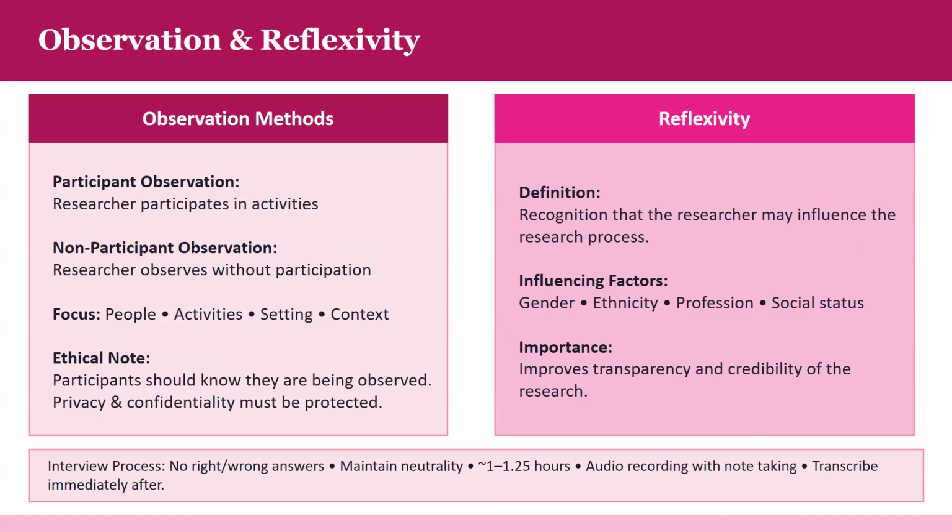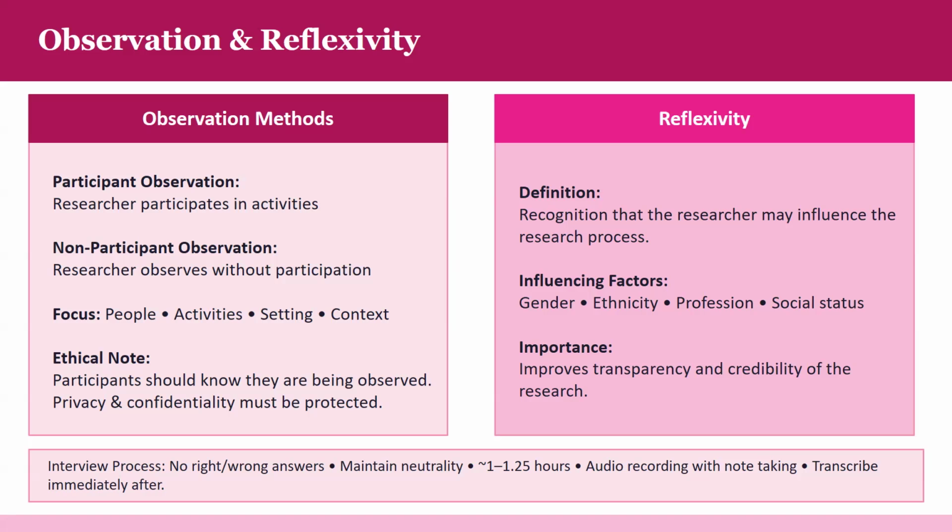Along with the different kinds of interviews and group discussions, we have to do the observation, and different methods of observation include participant observation and non-participant observation. Participant observation is the one where the researcher, him or herself, participates in the activities of the participants. And non-participant is the one where the researcher observes without any participation.